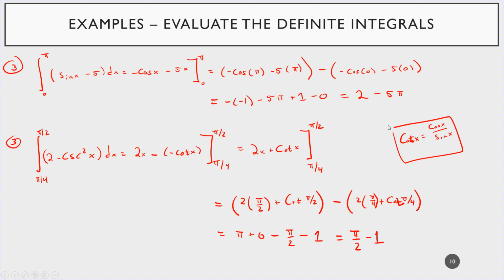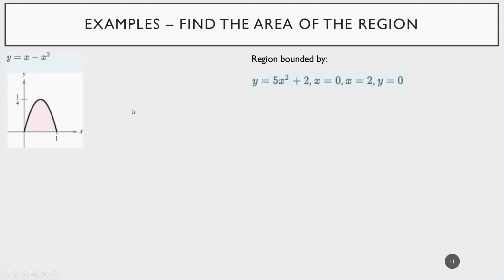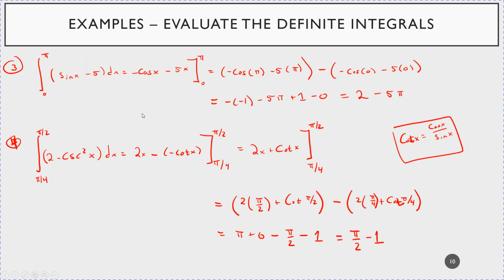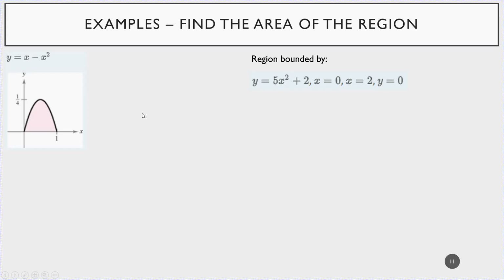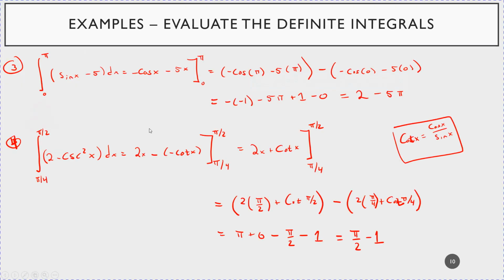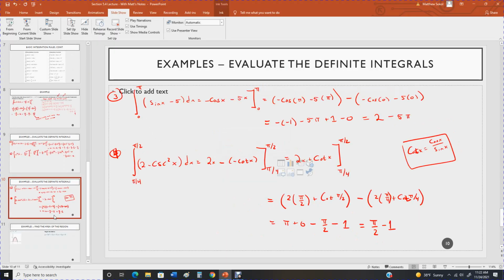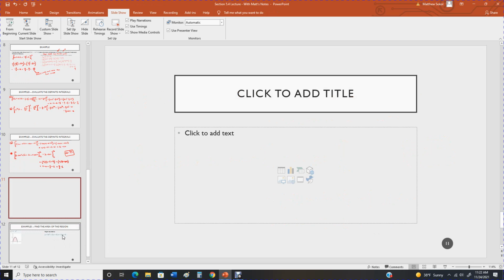Okay, let's try this one. Let me actually, I ran out of a little space here, so let me put in a new slide here so we can just do some more examples here.